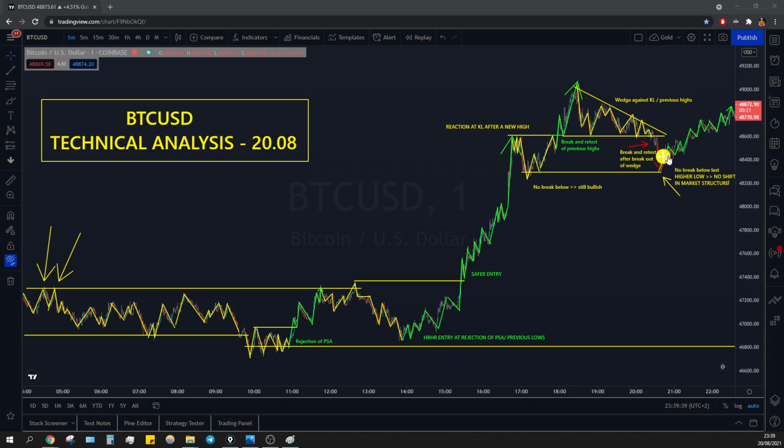As easy as it is. As you can see, this was the previous higher low. That's it. Looks pretty clean, very nice action indeed.